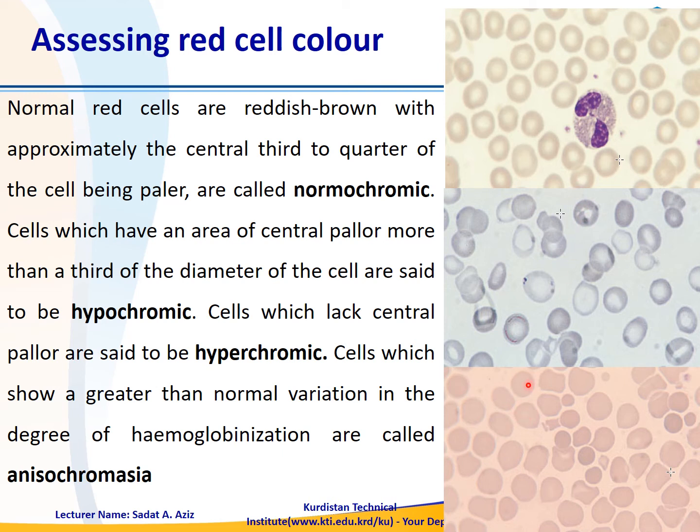It means the color of the cells is different, or the hemoglobin is not evenly distributed throughout the cells.